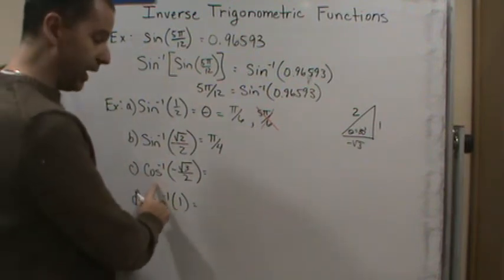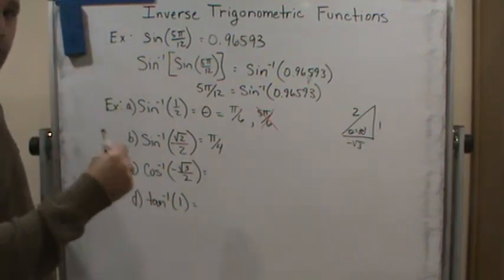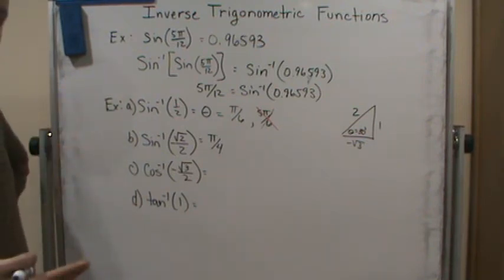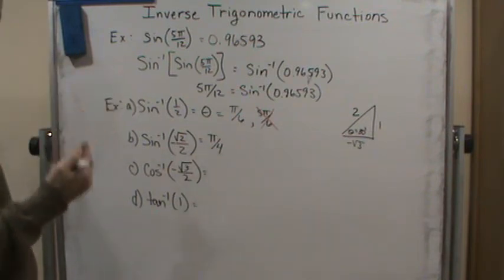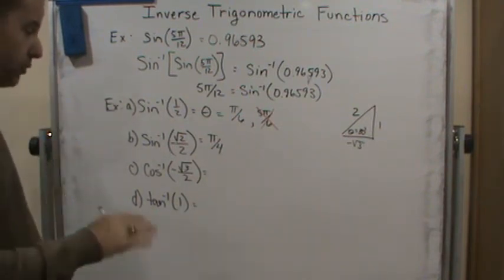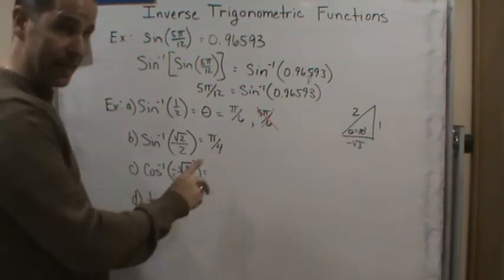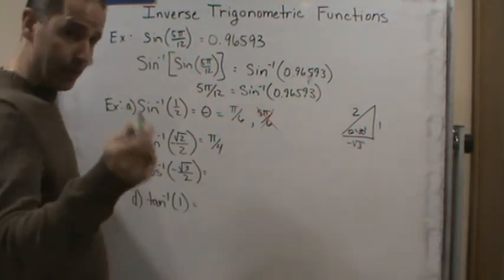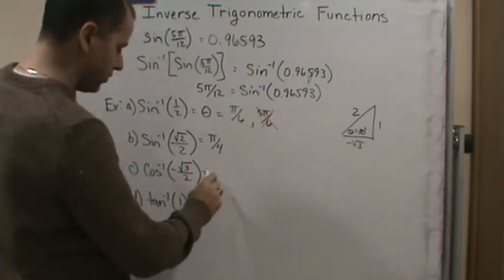Now, here's the thing. What's the restricted domain for cosine? It's 0 to pi. So, cosine is negative in what two quadrants? It's negative in the second and third quadrant. But the third quadrant, we don't think about it because, again, it's outside the domain. We're only interested from 0 to 2 pi. Or, excuse me, 0 to pi. So that means this is going to be what?